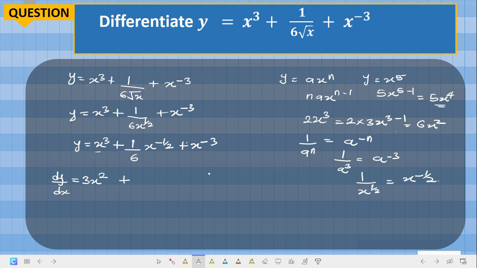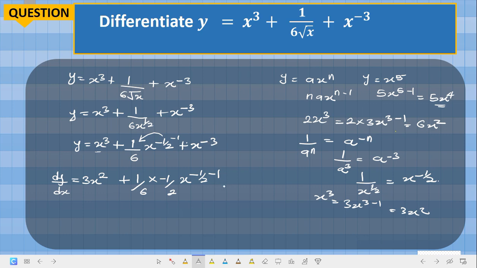Now if you differentiate this one, what do you do? You use this minus half to multiply 1 over 6, so it becomes 1 over 6 times minus half, then x, you subtract 1 from the power, so this becomes minus half minus 1.